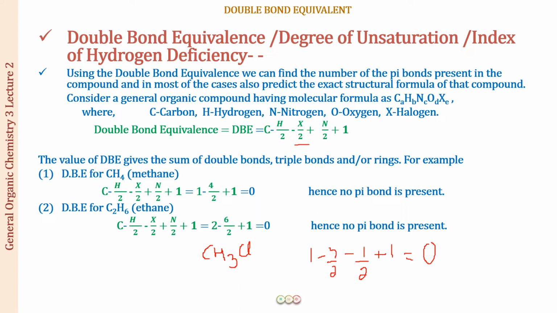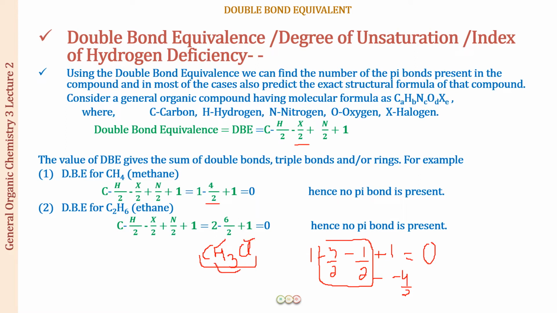The other thing you can see is that minus 3 by 2 minus 1 by 2 is also minus 4 by 2, and with methane, where there were 4 hydrogens, we also put minus 4 by 2. So rather than writing minus 3 by 2 minus 1 by 2, in the molecular formula just see how many hydrogens and how many halogen atoms are present.